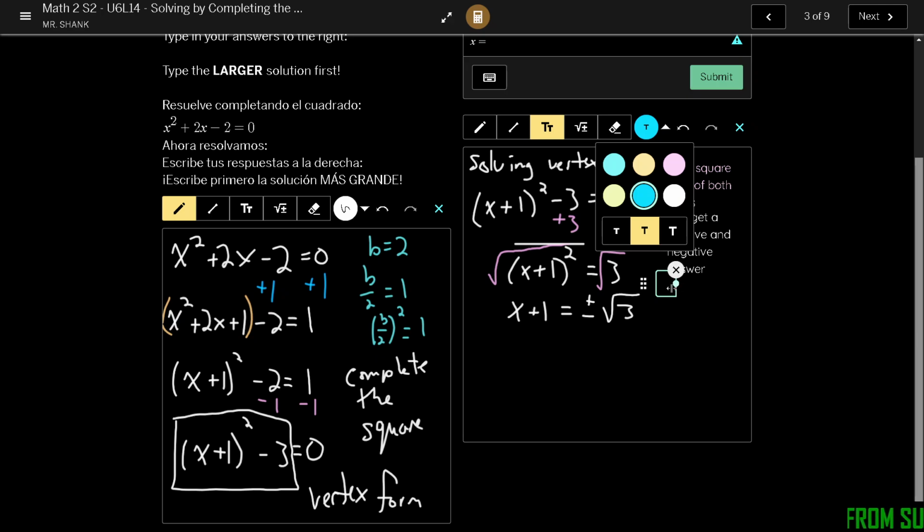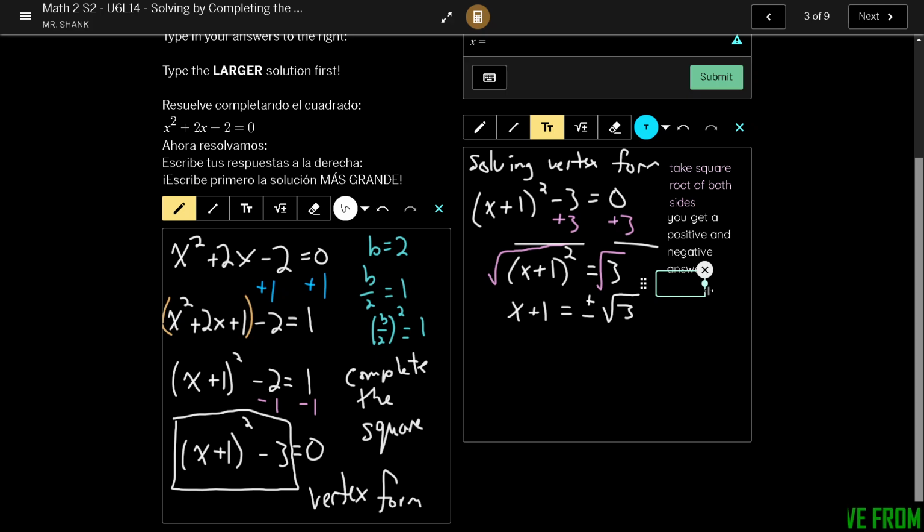There it is. Split answer into two equations.